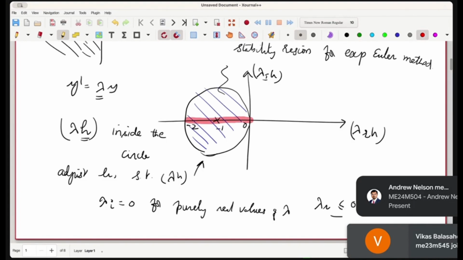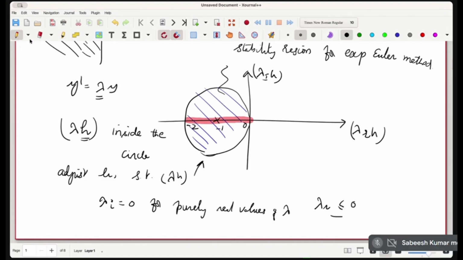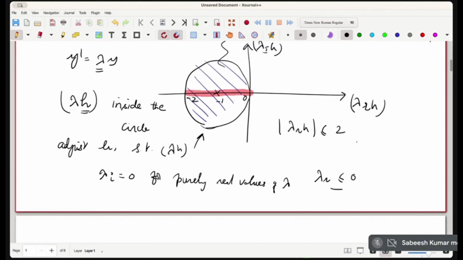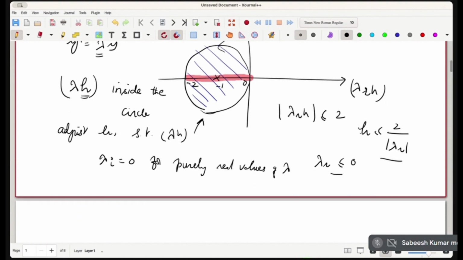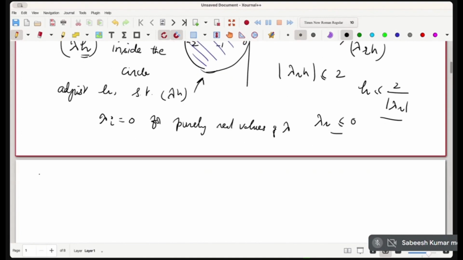So that means we can go along this shaded red region. So that means lambda r times h at max can be less than or equal to 2, right? That means we should choose h to be less than or equal to 2 by modulus of lambda r. So that is the h value we should choose. That means h can be at max 2 by lambda r, right? So that is the conditional stability that we have.